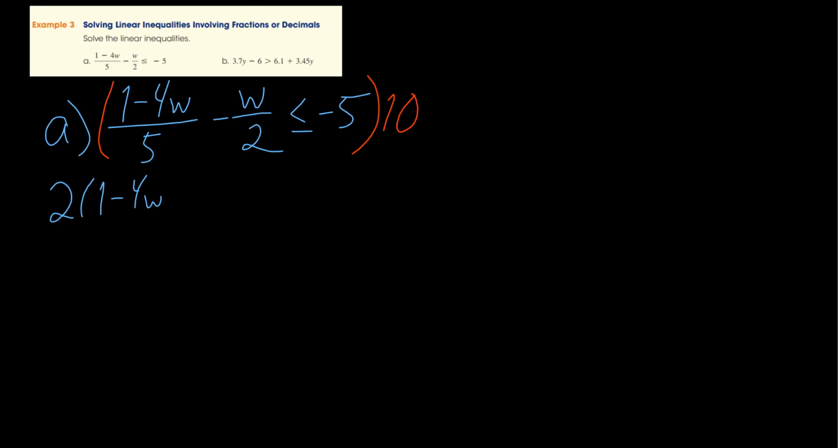Then we've got a minus 5w, and it's less than or equal to negative 50. Let's close our parentheses. From here, we can proceed like we have been on the previous two examples.